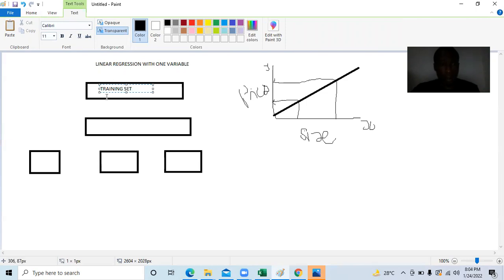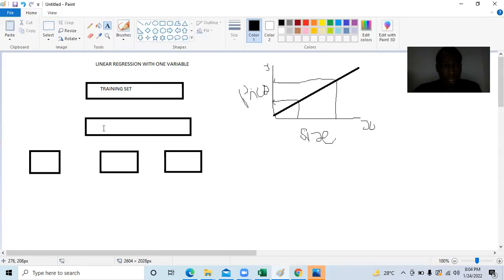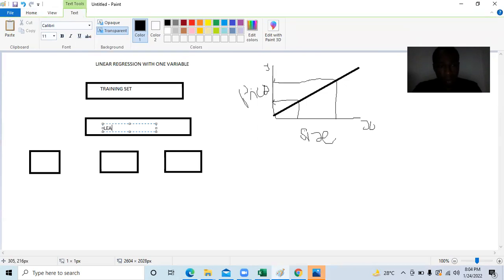I need to write this down and look at it very closely. This is our learning algorithm, which is linear regression for now.